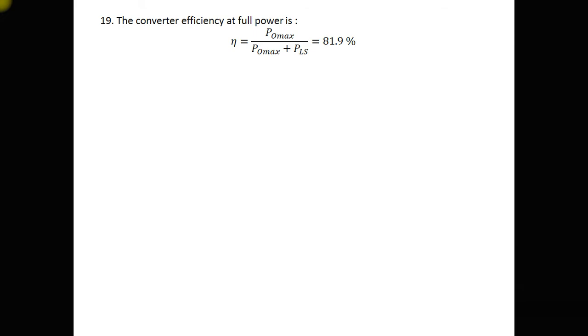We should see a marked change in the efficiency here, slightly lower efficiency because we are using a transformer here.